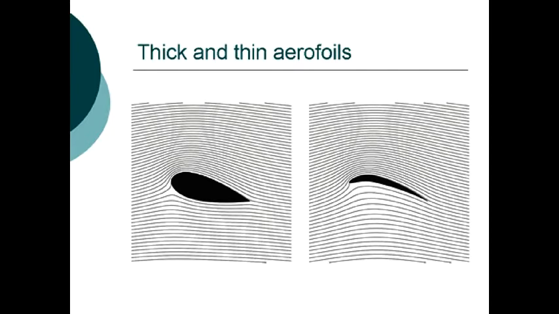You get a nice low pressure on this side, but also you get a nice high pressure on that side. Whereas here, the upper surface works equally hard as there, but the lower surface doesn't do much.